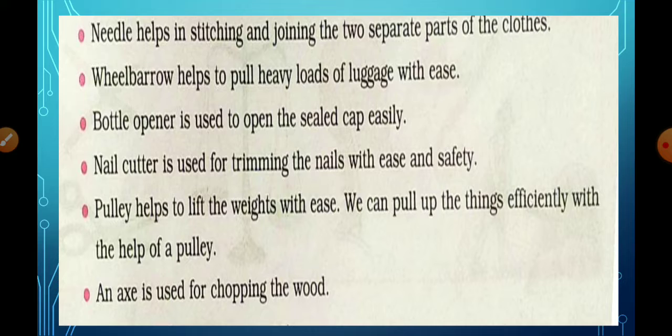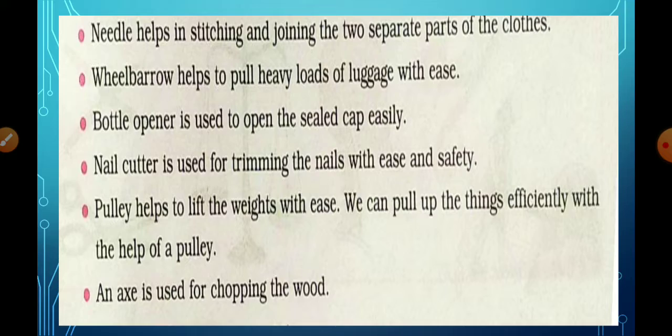A pulley helps to lift weights with ease. We can pull up things efficiently with the help of a pulley. An axe is used for chopping wood. These are all the uses of the simple machines given in this picture.